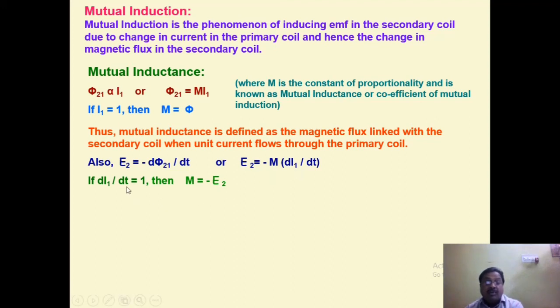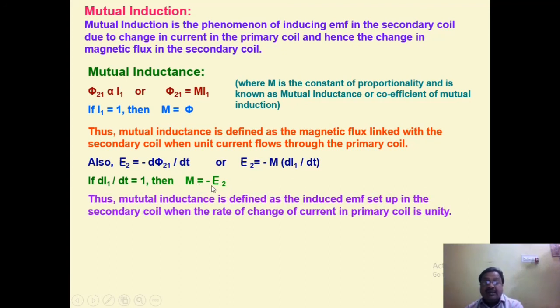If dI1 by dt equal to 1, then M will be equal to minus E2. So mutual inductance is defined as the magnitude of induced EMF set off in the secondary coil when the rate of change of current in the primary is unity. We may take the magnitude because M equal to minus E2.